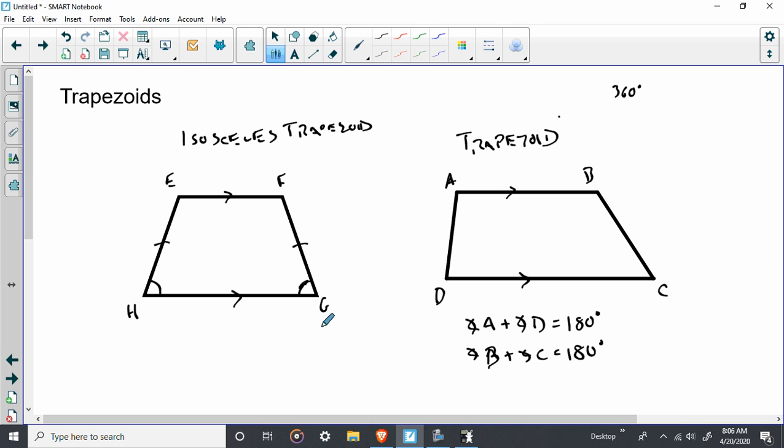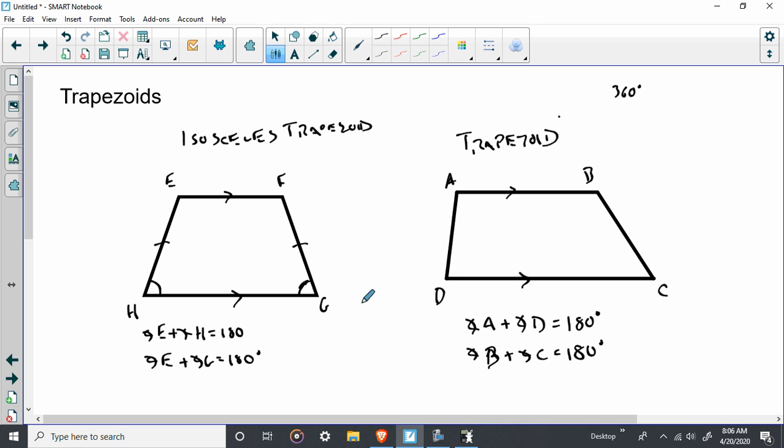Well, if these things are true, then I know angle E plus angle H equals 180. But I also know that angle E plus angle G equals 180, right? Because if these two are the same, and I can add these together and make 180, then I can add these together to make 180, okay?